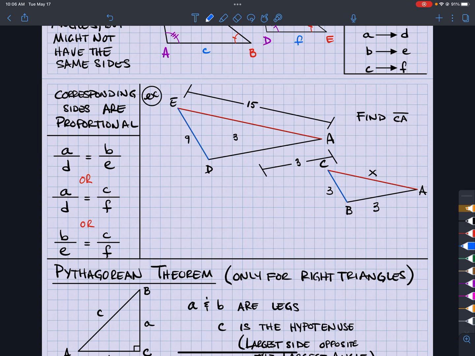And if you notice, I can say that angle E is equal to angle C, angle A and angle A are the same, clearly, and angle B is equal to angle D. This will help me with the corresponding.